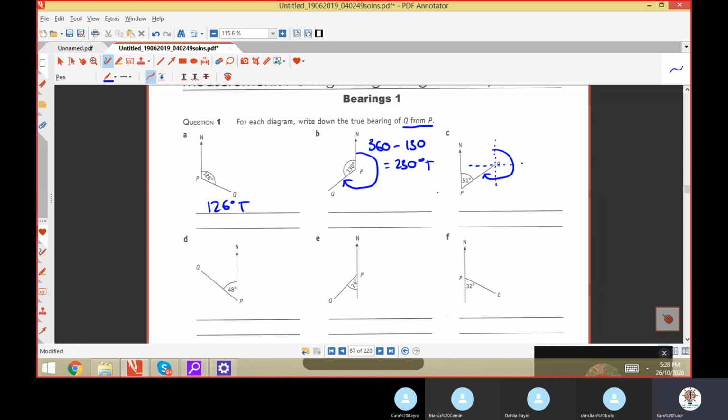Think about it. 51 is on that side, so you have to use co-interior angles to find red. And then 360 minus red gives you blue. So we're trying to find blue. So 180 minus 51 gives you 129. 360 minus 129 gives you blue.